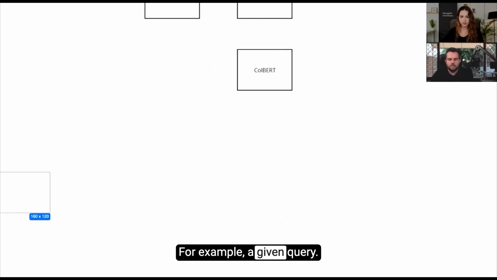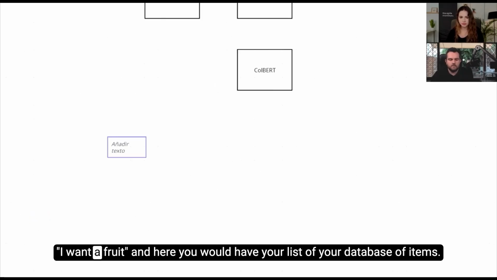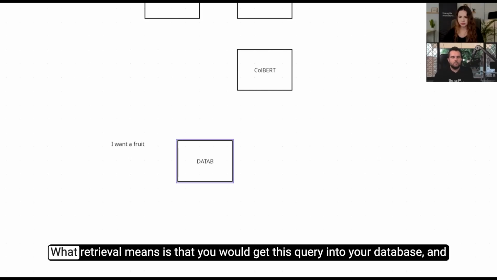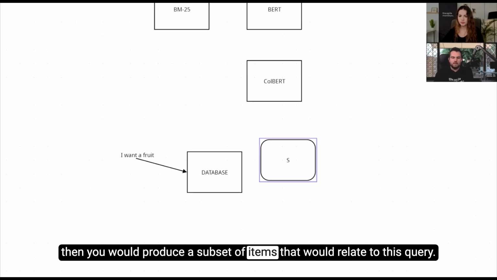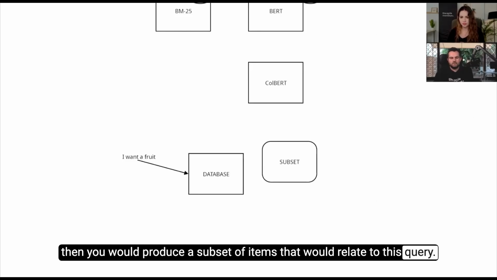For example, given a query, I want a fruit. And here you would have your database of items. What retrieval means is that you would get this query into your database, and then you would produce a subset of items that would relate to this query.